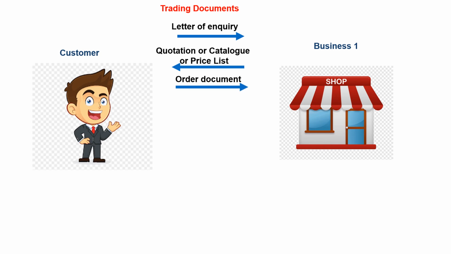Then when the consumer has selected the best company, the consumer is going to prepare an order document to place this order. And when companies receive this order document, they go through it and see whether they can supply these goods. If they can, then these companies are going to respond to the customer with an advice note. Then they will take some time to prepare these goods, and when the goods are prepared, the company will deliver them to the customer, and along with the goods they will deliver another document called a delivery note.